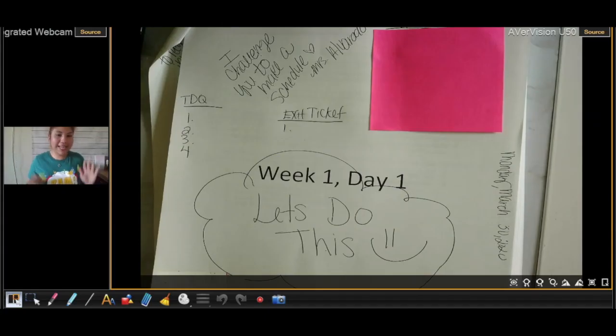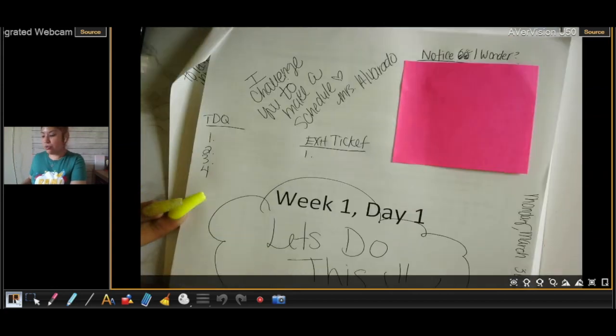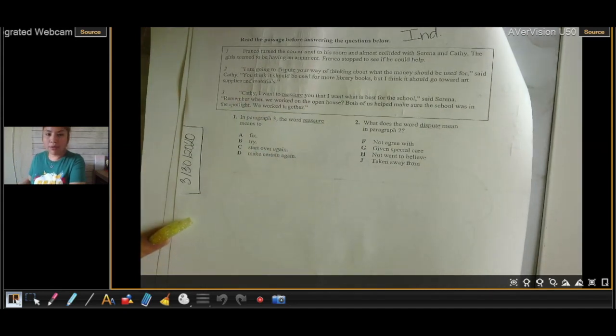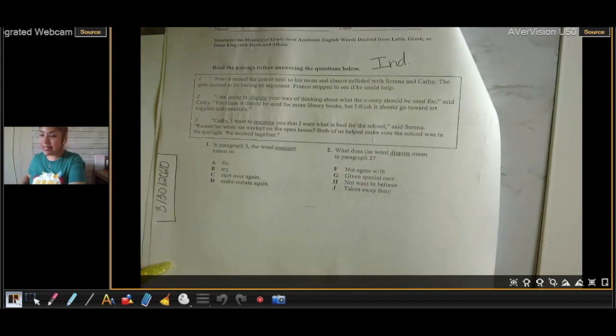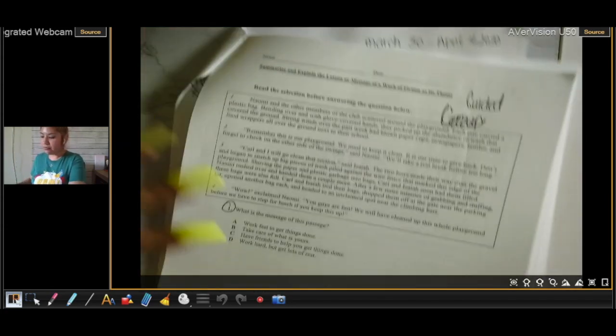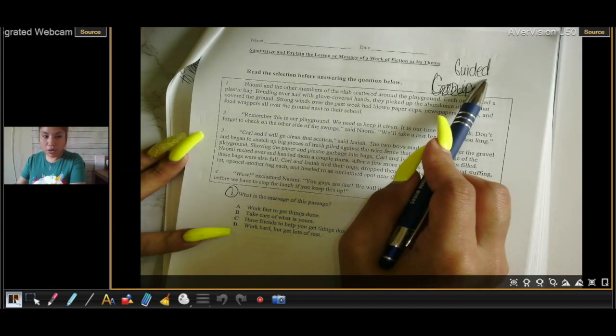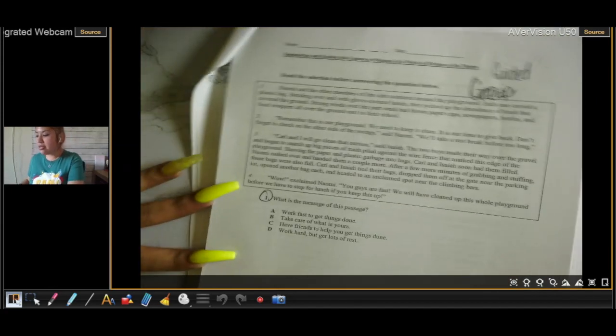Okay, boys and girls, and lastly, before we finish today's lesson, lesson 1 of module 4, I want you to go to your packet, flip it over, and on here I wrote the date. So today is the 30th. You will be doing this one independent. I told you which one will be guided. So this one will be tomorrow's lesson, but you still can work on this.